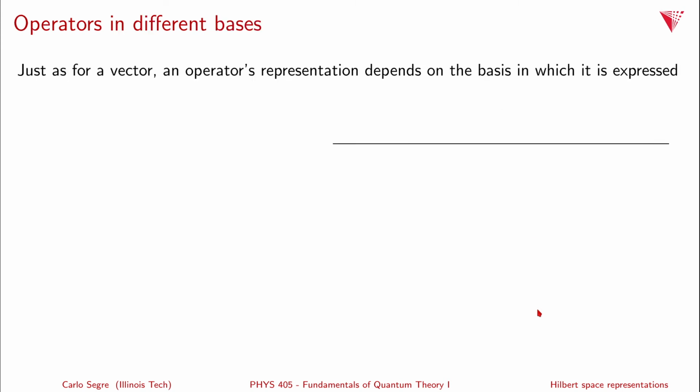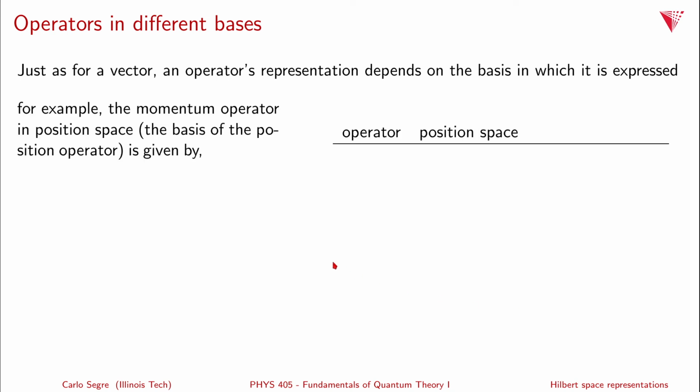So just as for a vector, an operator's representation will depend on the basis in which it's expressed. For example, if you have a momentum operator in position space, we know what that is. We've studied that before. That's just minus i h bar partial with respect to x, and that is the momentum operator.